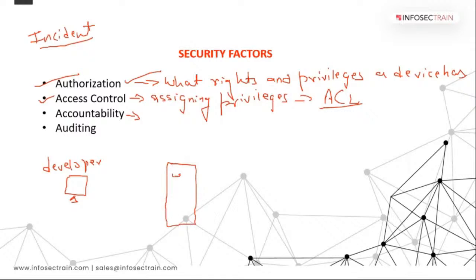Now let's say there is an attacker in between. So this is the PC of the attacker. He hacked into your device. After that, he knows that your PC has all the privileges to use the web server.